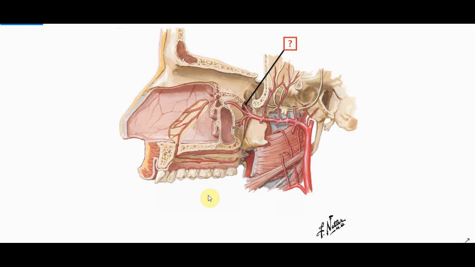The middle meningeal artery, which is this one over here, lies between the lateral pterygoid and the sphenomandibular ligament, then between two roots of the auriculotemporal nerve, enters the skull through the foramen spinosum.